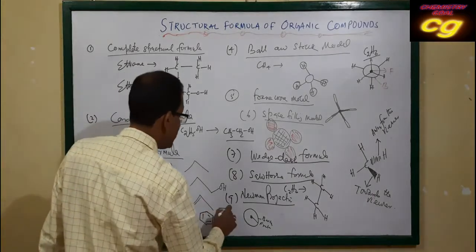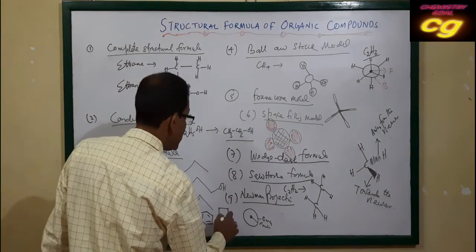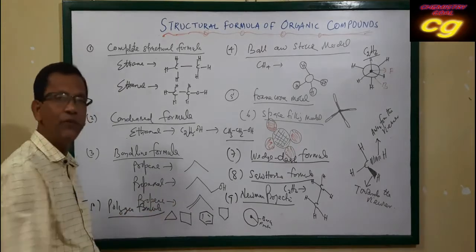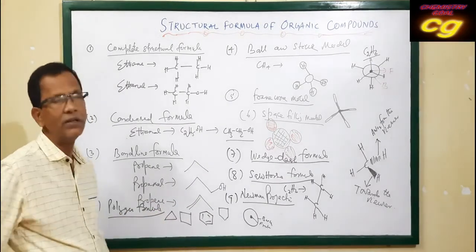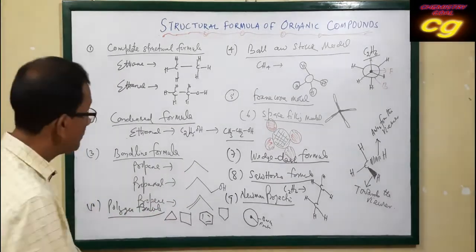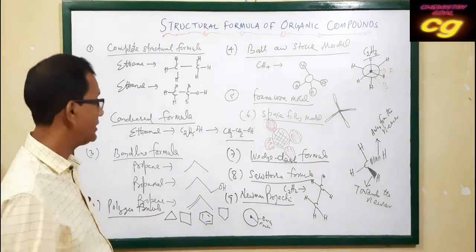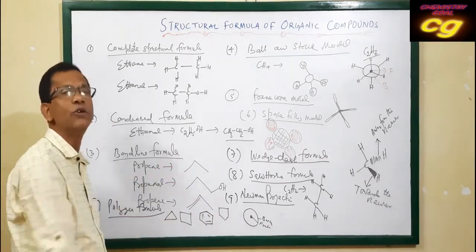So like this, different formulas can represent the molecule. If the molecule is shown in cyclic form, as different polygons, that is called the polygon formula. Each corner indicates carbon. Different atoms may be connected, and if different atoms are connected, that is heterocyclic.